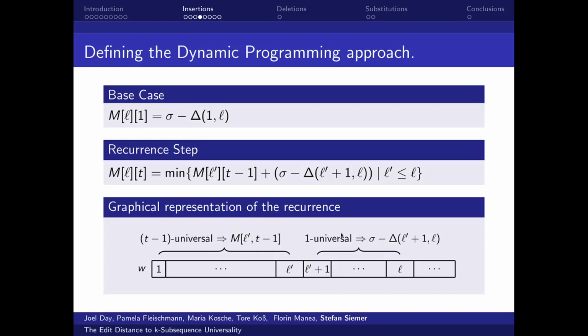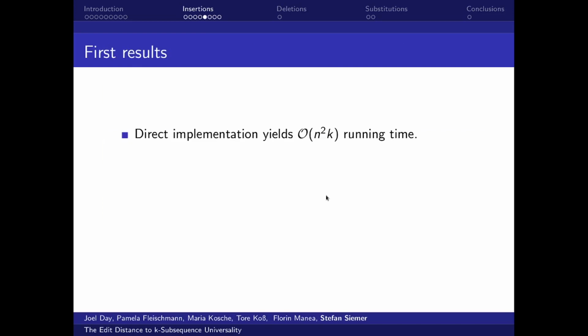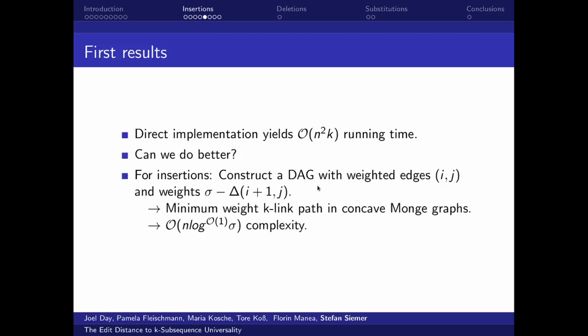Having this at hand, we can state a direct computation of that table, and this would require O of n squared times k runtime. And now the question: can we do better? And the answer is yes. For example, the first approach is that we could construct a directed acyclic graph with weighted edges.